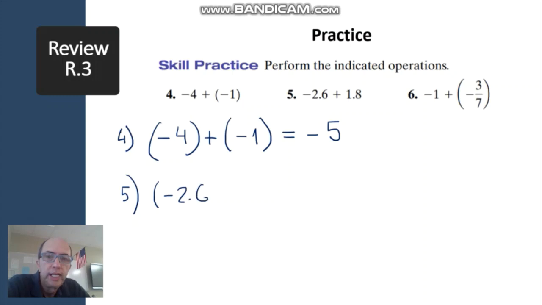Negative 2.6 plus 1.8. They have different signs. Get the larger one, 2.6, and subtract 1.8. 2.6 minus 1.8 is going to be 0.8, right? 0.8.